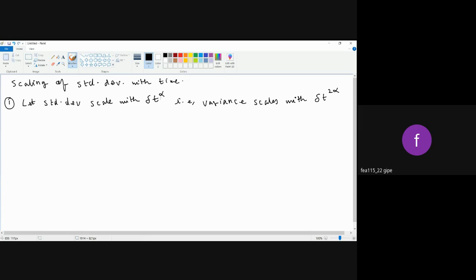Now, what should be the value of alpha? That is something which we want to figure out. Once we answer this, we have our response to scaling of standard deviation with time. So let's try to understand that as well.